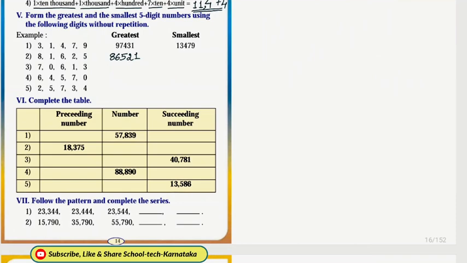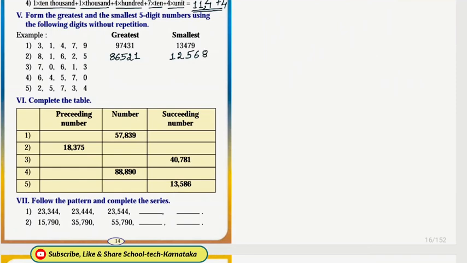There's a trick for you to remember. If the question says that we need to find the greatest and the smallest number with the given digits, we can just write the numbers backwards. That is, first we write 1 and then 2 and then 5 and then 6 and then 8.